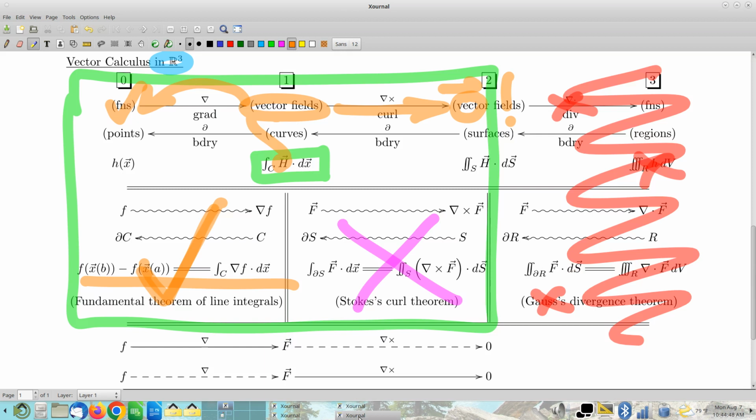Is this a Stokes' curl theorem question? No. Oh, okay. Is this a fundamental theorem of line integrals question? Oh, yeah, it is. Okay, cool. The diagram just makes that easy. It tells you what to do, what questions to ask. So take the help, if you will. I think it's extremely useful for organizing ideas in your mind. Strongly advise that y'all capitalize on that.